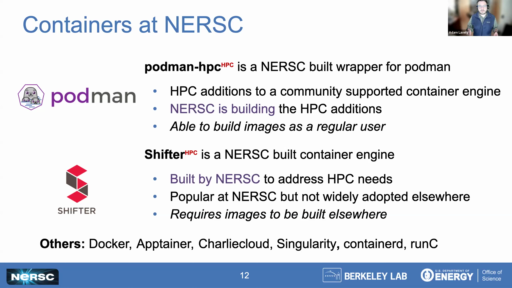But all these different container runtimes might be available elsewhere. And because these are being built to be OCI compliant, the hope is that if you see instructions for Docker or for Charliecloud, with very minor modifications to the command that you actually call, using Shifter or Podman HPC, you'll be able to do pretty much the exact same thing and translate between systems and container runtimes fairly easily.